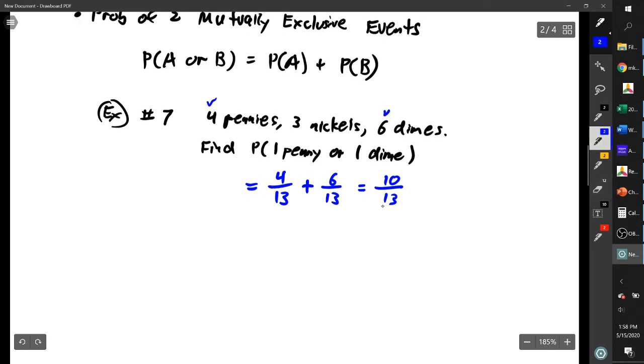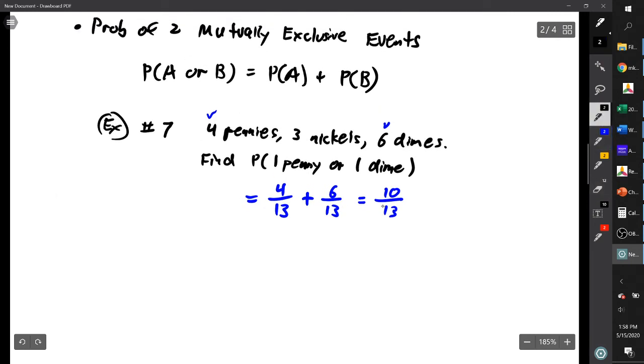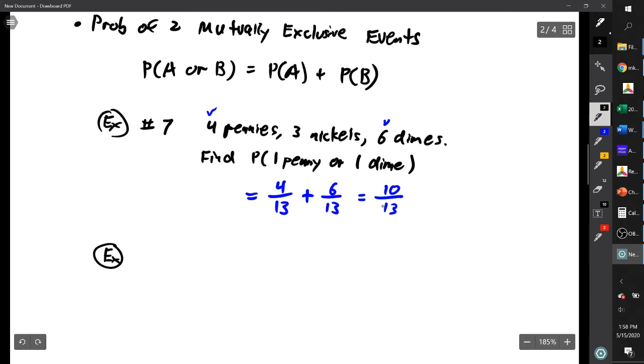Let's build on the free throw thing, but look at how we have to be careful about accounting for everything that's going on. So let's find, we'll say again, 80% free throw percentage.